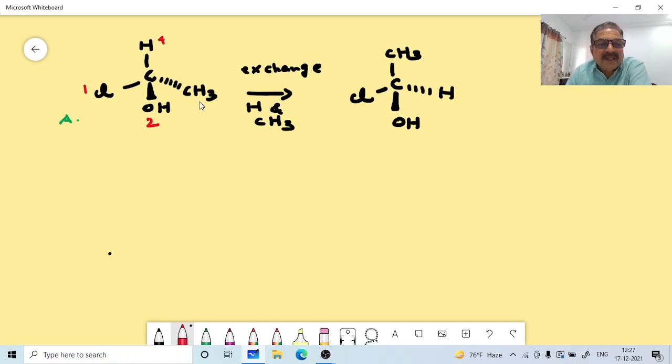This is priority 3, correct? So we will be getting it like this here. CH3 is in the plane of the page, and hydrogen has gone behind the page. Now again we are exchanging chlorine and methyl group. Let us see what the position will be here.